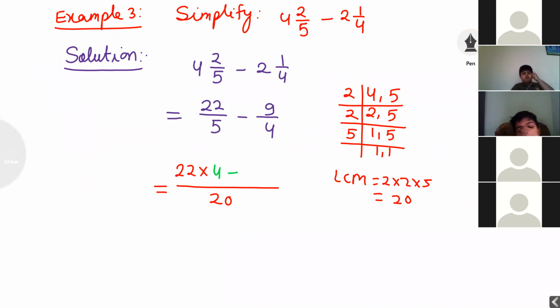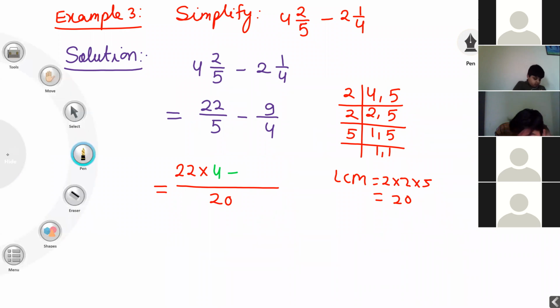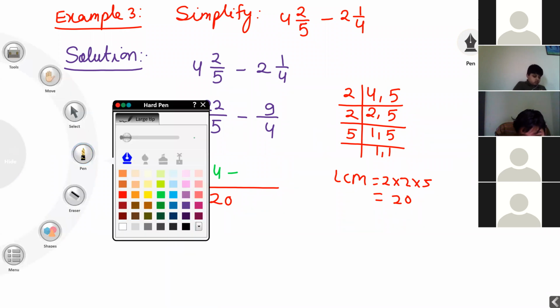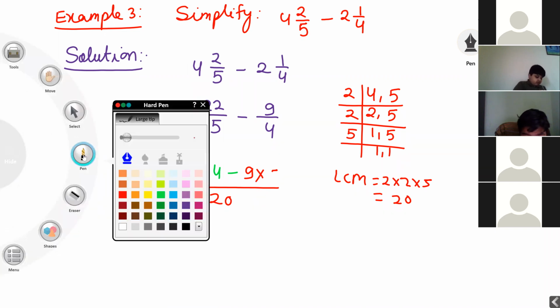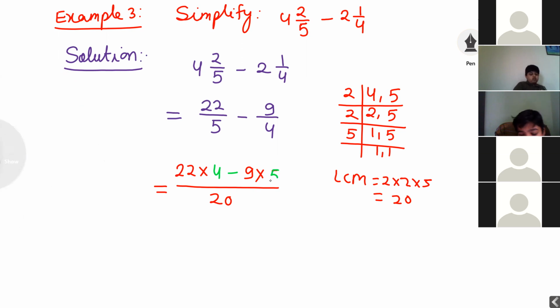Minus, next, again first numerator is 9. 9 into 20 divided by 4 is equal to 5. I hope students you are getting how I am getting 4 here, how I got 5 here. LCM divided by first denominator 4, LCM divided by second denominator 5. 4 5s are 20, right? Next.